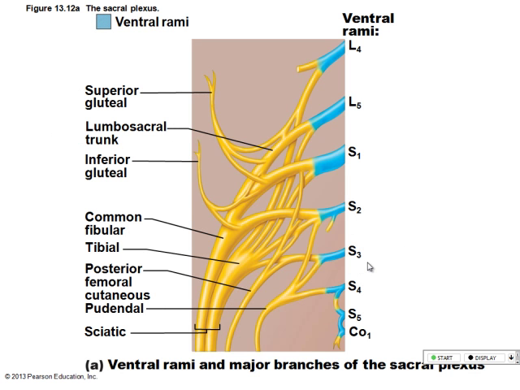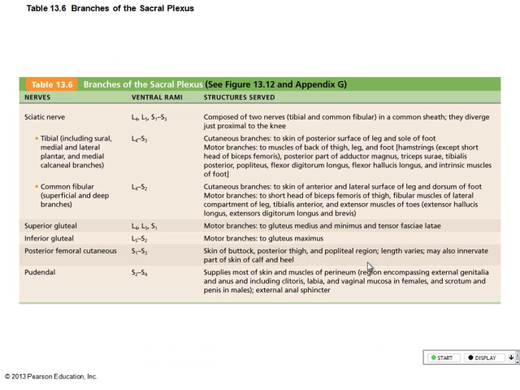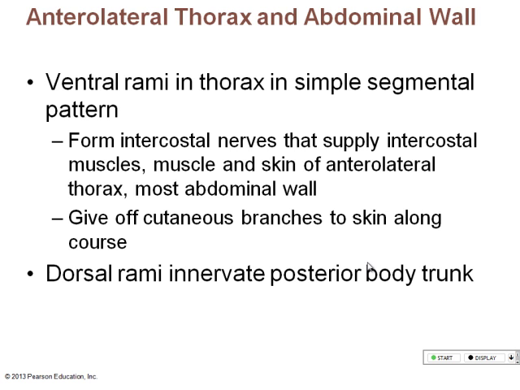You know where your tibia and your fibula is, correct? We see a picture on page 508 of some of the nerves associated with the sacral plexus. We also see the coccygeal nerve down there at the bottom, and where that nerve group is distributed in the lower limbs, with a nice little diagram there.